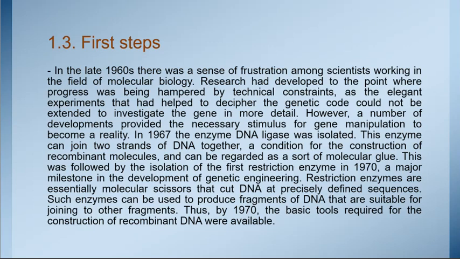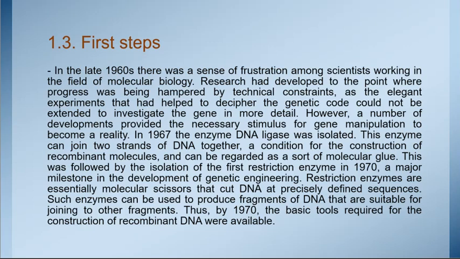In 1967, the enzyme DNA ligase was isolated. This enzyme can join two strands of DNA together, a condition for the construction of recombinant molecules, and can be regarded as a sort of molecular glue. This was followed by the isolation of the first restriction enzyme in 1970, a major milestone in the development of genetic engineering.